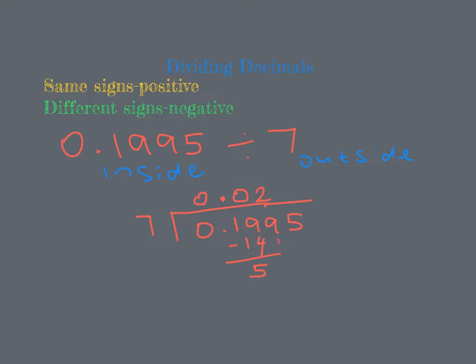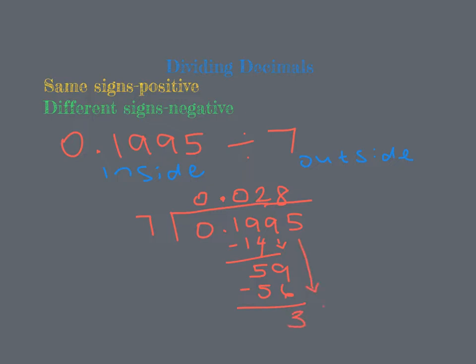I'm going to bring down the 9. Seven can go into 59 8 times, and 7 times 8 is going to give us 56. 59 minus 56 is going to give us 3.